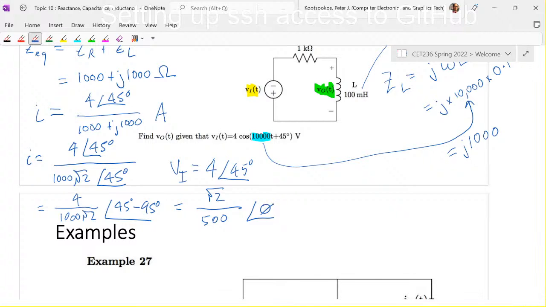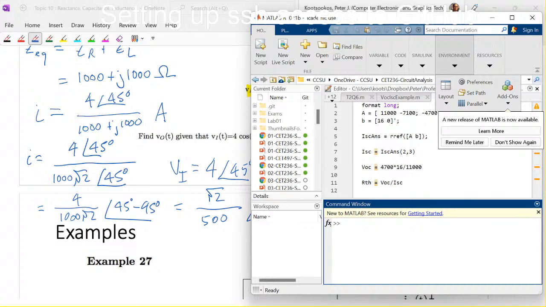Let's just see if we can do that here. Now, how do I do it in MATLAB versus on your calculators? The reason I suggest you set your calculators to be using radians is because then you can just do something like this.